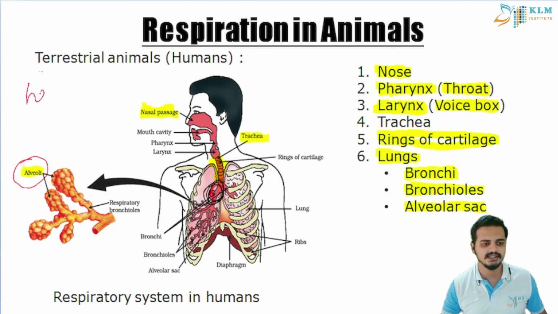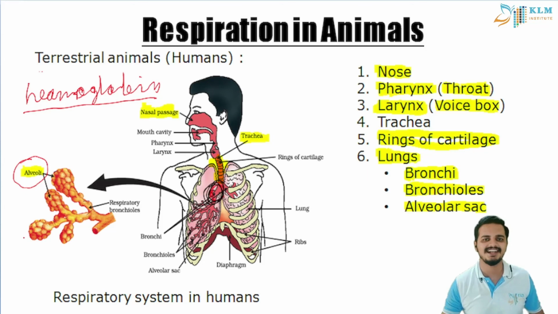Hemoglobin is present in this particular color known as red. This is the carrier of oxygen. It gets easily attached to the oxygen molecule, and carbon dioxide is let out, as we know. So this is the whole process of respiration.